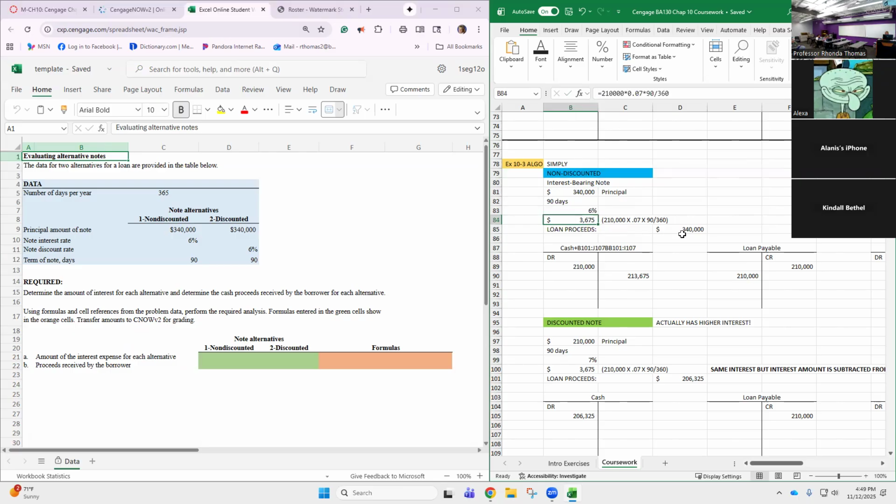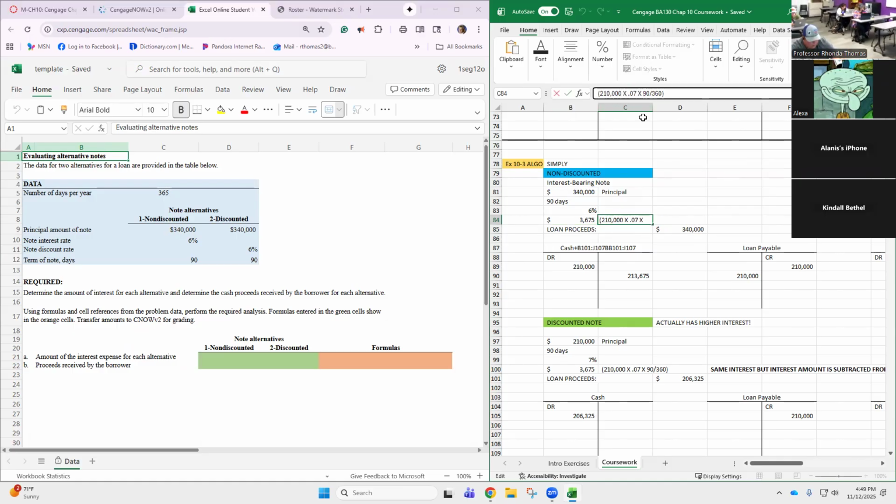Before we go any further, let's calculate as a simple non-discounted interest-bearing note, just like we did before, how much that interest will be. I'm going to take 340,000 times 6% times 90 over 365.